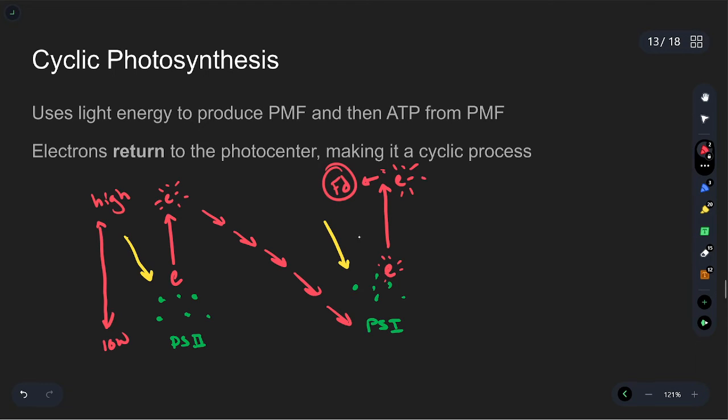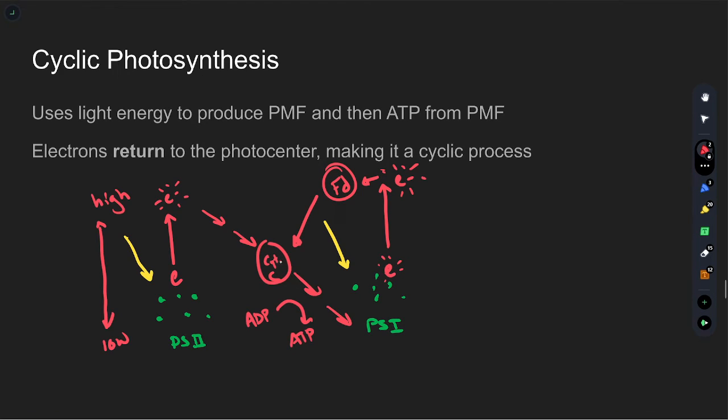That takes this electron, brings it back to the cytochrome complex, where it pumps protons, forming that gradient that eventually ATP synthase uses to make ATP.